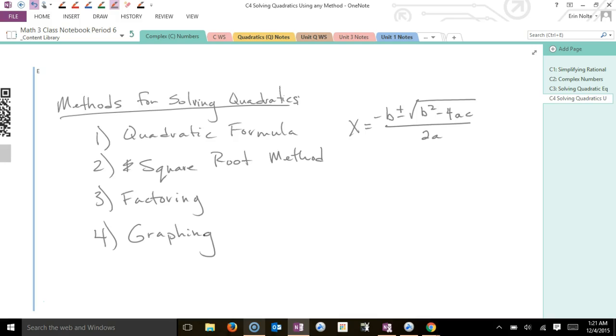Okay, so in talking about these 4 methods, when can you, or maybe when can't you, use them? So for the quadratic formula, can you always use the quadratic formula? Yep, as long as it's set equal to 0.